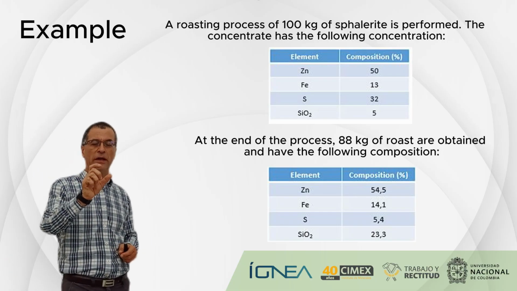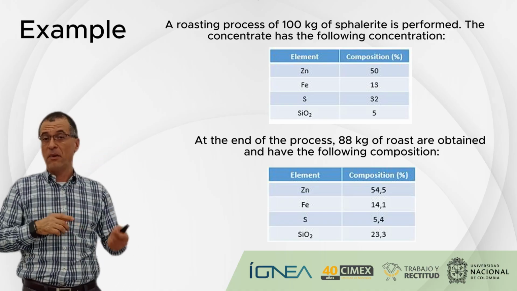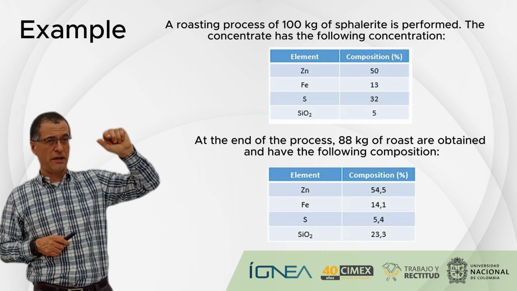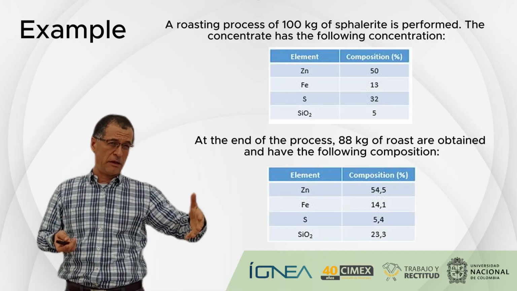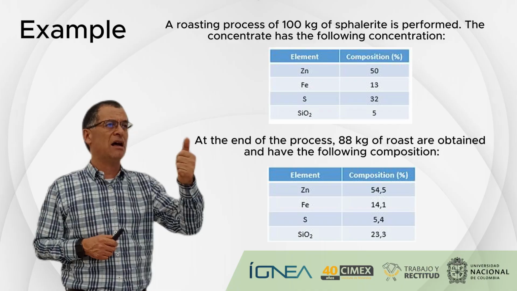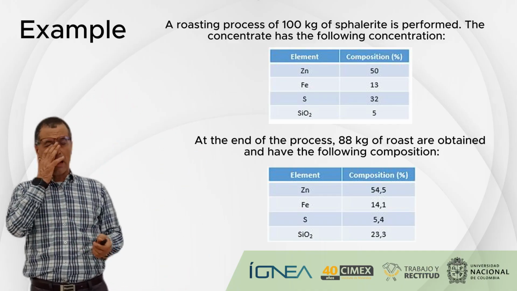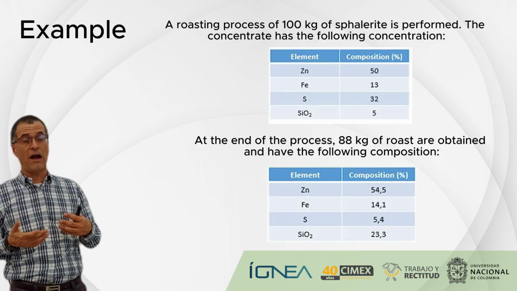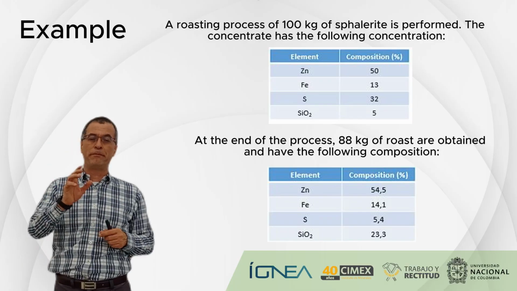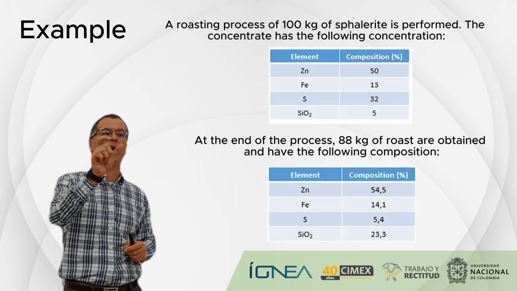Sphalerite maybe is only sulfide of zinc, but it's very common that the sulfide of zinc has the presence of other metals such as iron or maybe silicon. The presence of iron is common as a pyrite. Maybe it could be as a pyrometallurgy, but the most common product is pyrite.